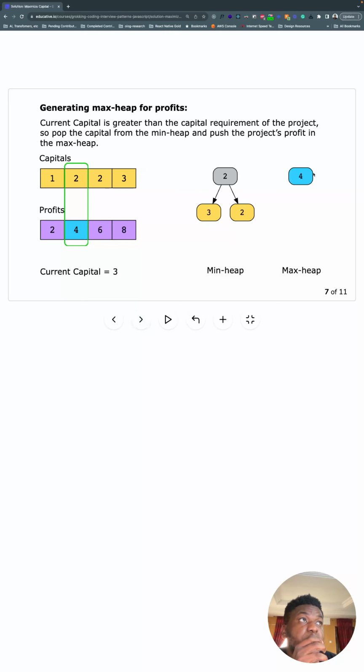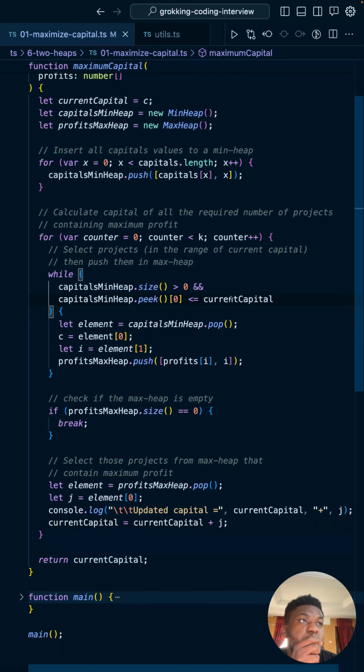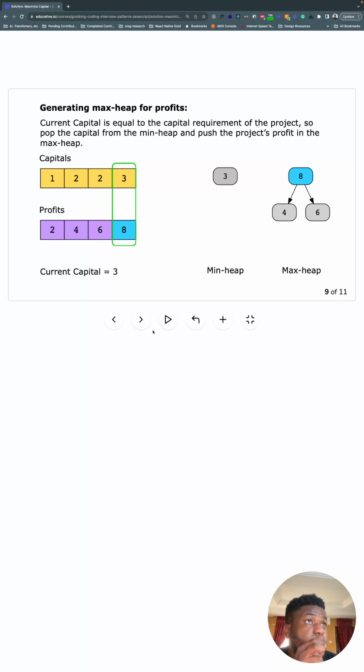So we push its profits onto the list because we can afford it. And because we can afford it, we're back in this loop where we're pushing to the maximum heap for the profits everything we can afford. We can afford this 2, this 2 as well, and we can afford 3.